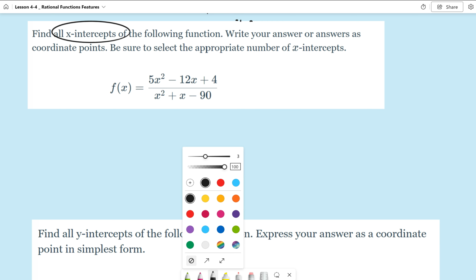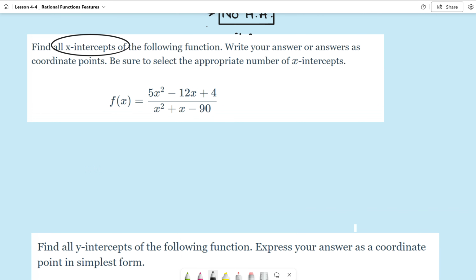So let me circle x-intercepts. X-intercepts tells us to set your numerator factors, so instead of denominator, we're going to set the numerator factors equal to 0. And I should say set remaining numerator factors.